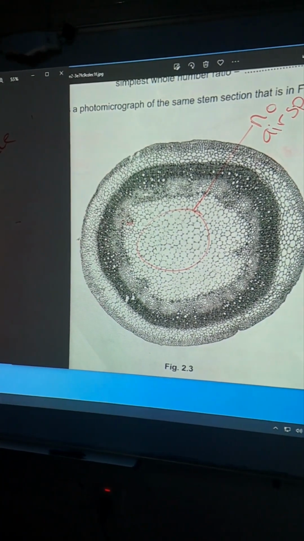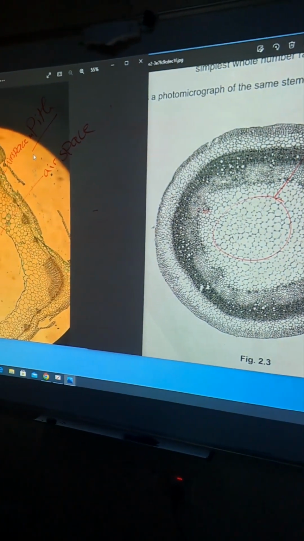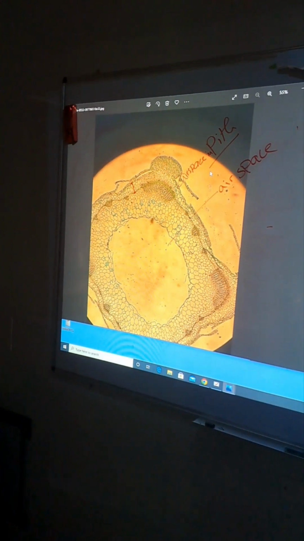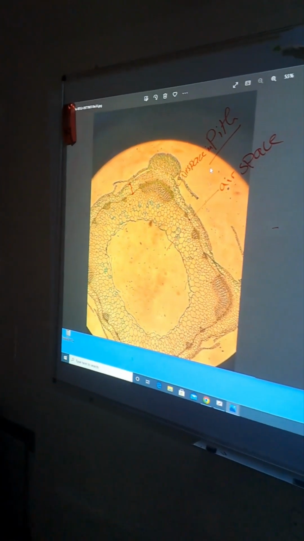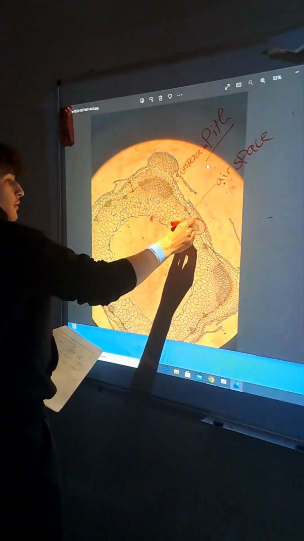Another one. What do you think? The thickness of the cortex. I think they have almost the same thickness of the cortex. Vascular bundles, yes. What are you going to say about vascular bundles?